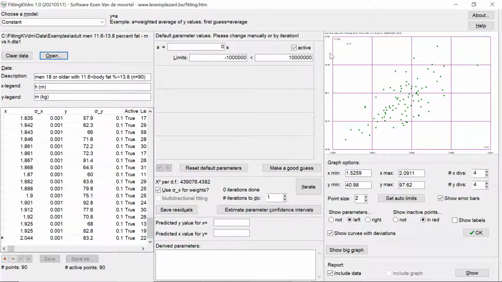Vertical is the mass, the horizontal axis is the height. Of course they are not nicely on a line because many factors influence a person's mass, but we will try to find a best fitting model here.